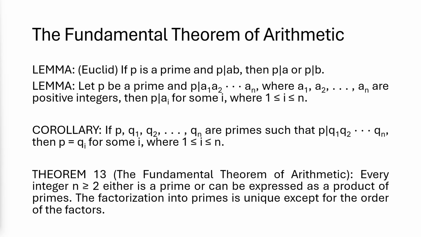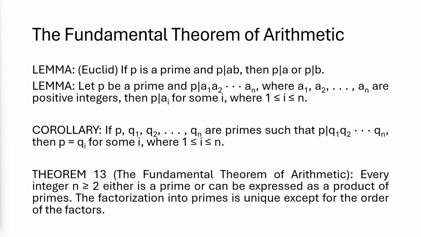Since P divides the product of Q sub 1 to Q sub n, it means that P divides Q sub I for some I. But P and Q sub I are primes. So P is equal to Q sub I.